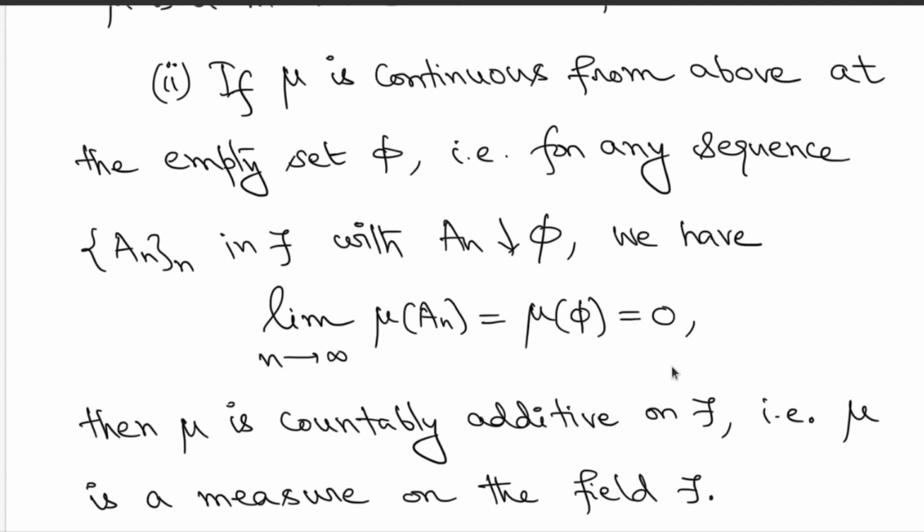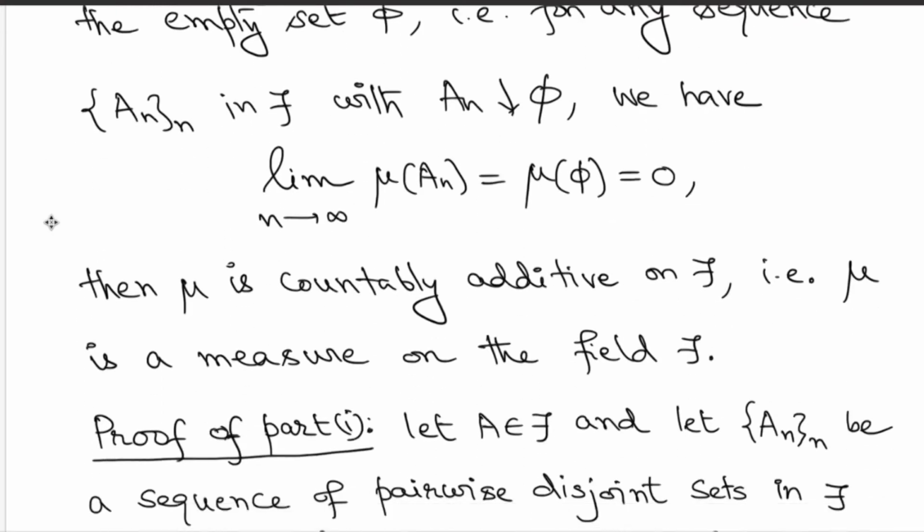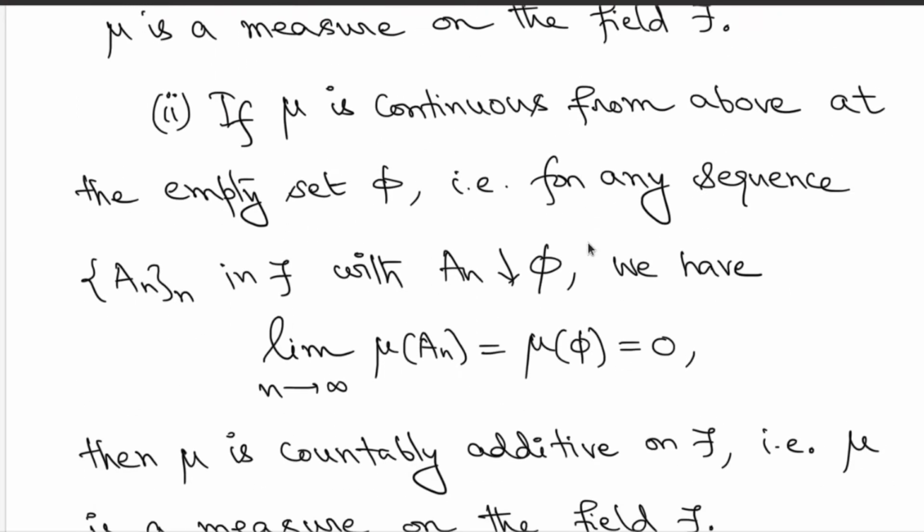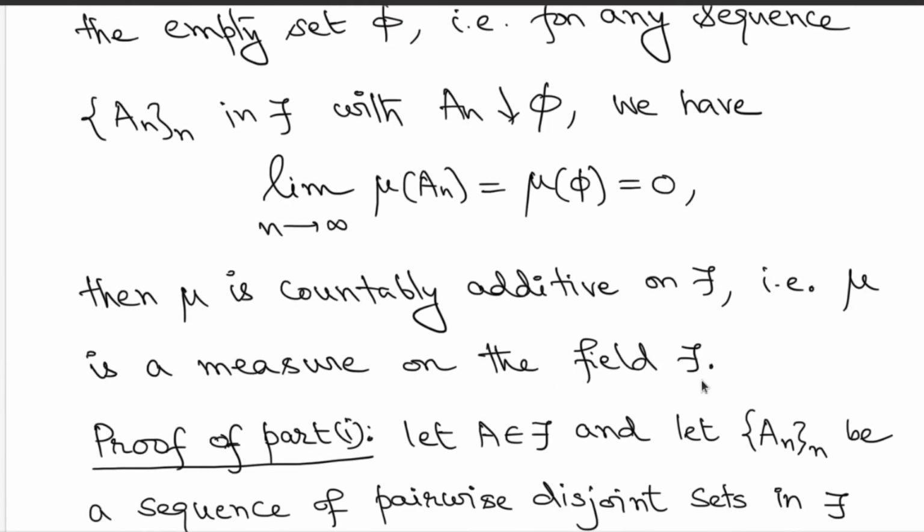So if you have this property, then you call that your finitely additive set function is continuous from above at the empty set. Okay, so now with this as part of your hypothesis, you are going to claim that it also implies countable additivity. So together with finite additivity, continuity from above at the empty set will imply countable additivity, and thereby you will get a measure on the field script F. Okay, so these are two sufficient conditions that will help us prove that a finitely additive set function is also countably additive.